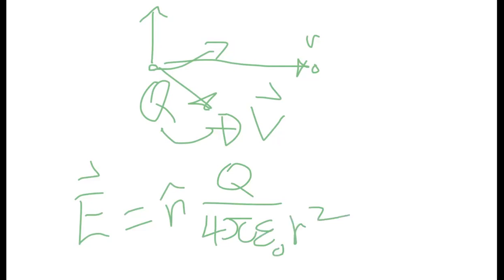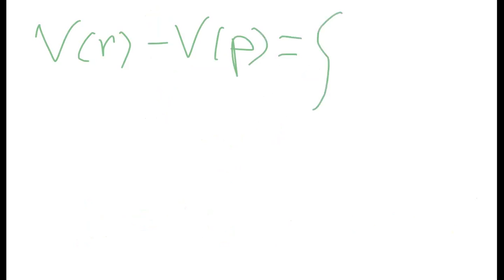That's our electric field, and we know that's equal to minus grad of V. So we go on to a new slide, and we can say V at R minus V at some point P, and we'll choose P in a moment, is equal to the integral of minus E from P to R ds across some path.